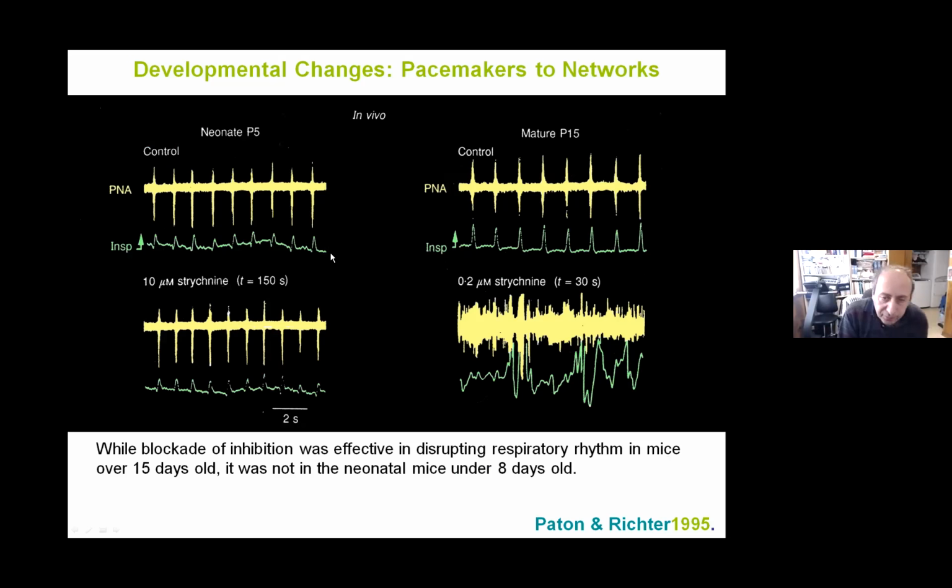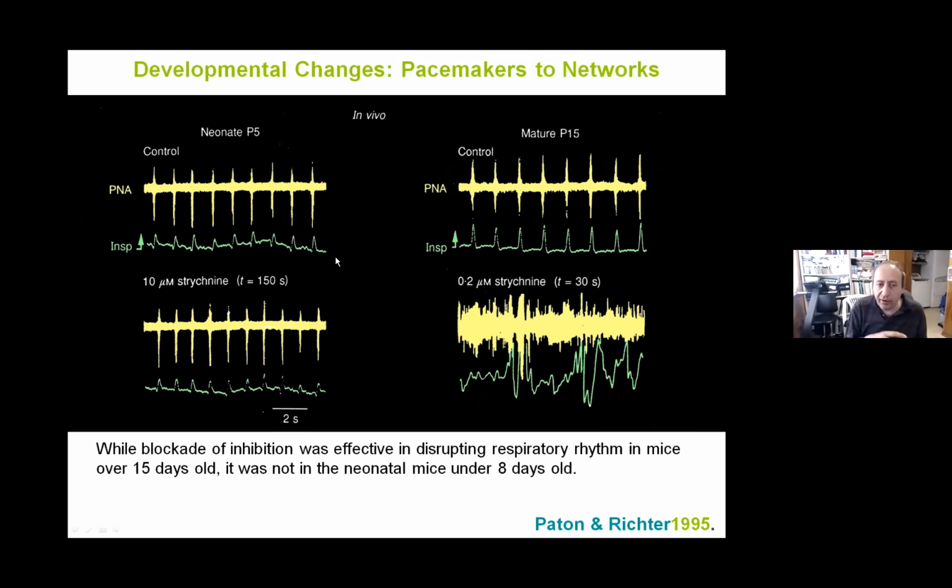Now, is there any difference between breathing in neonate compared to adult or young rodent? Probably in the other course, I told you that usually during development, neurons are interconnected mostly by gap junction at an early stage, and later there is formation of synapse.